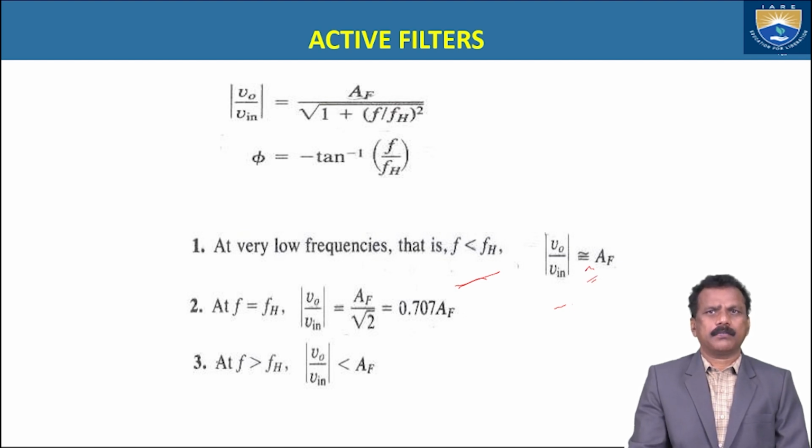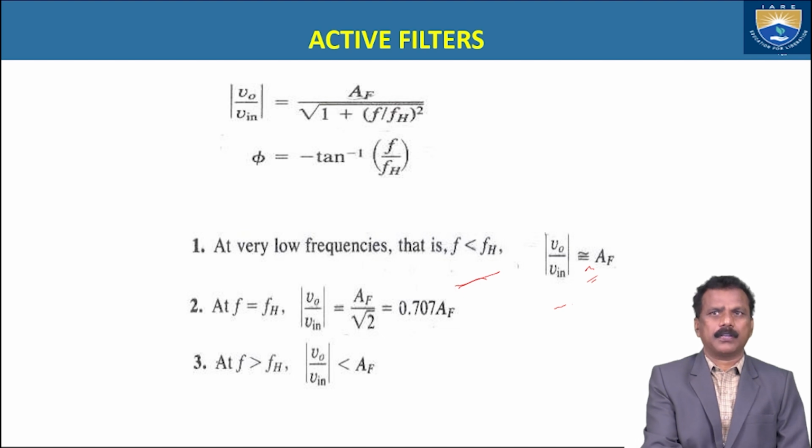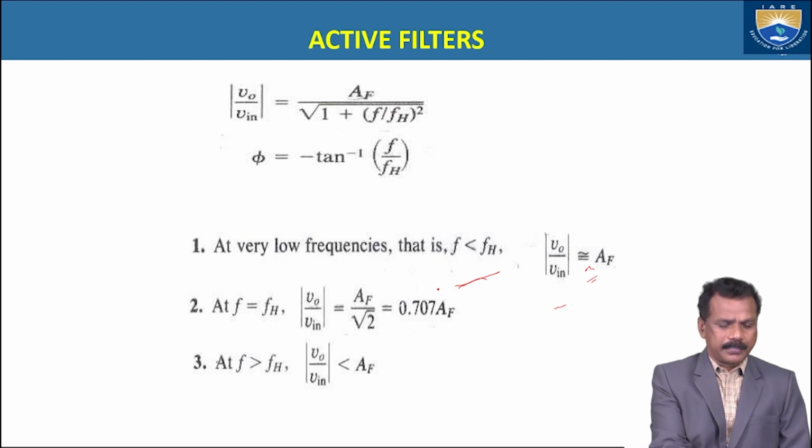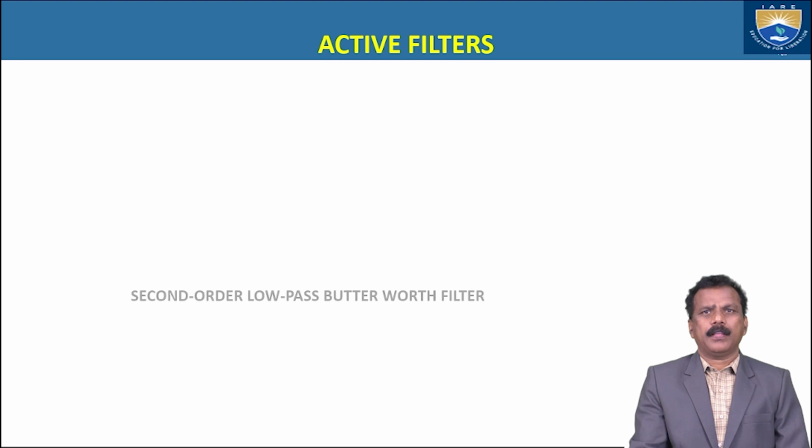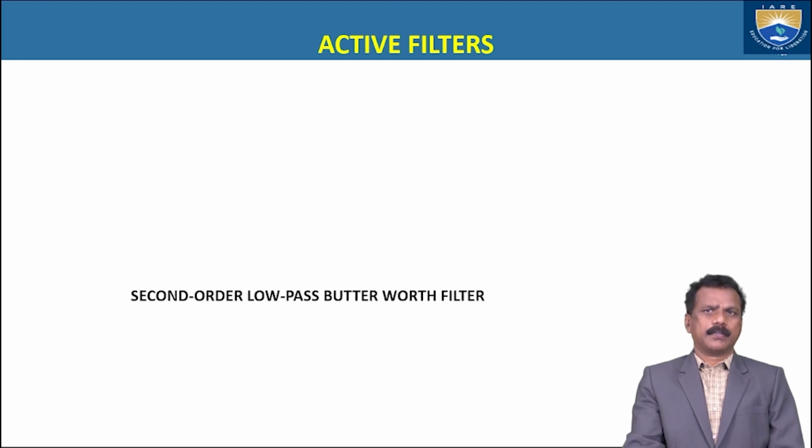At F equal to FH, output voltage by input voltage is AF by square root of 2, which is 0.707 AF, as shown graphically. At F greater than FH, output voltage by input voltage is less than AF. So that is related to the first order.